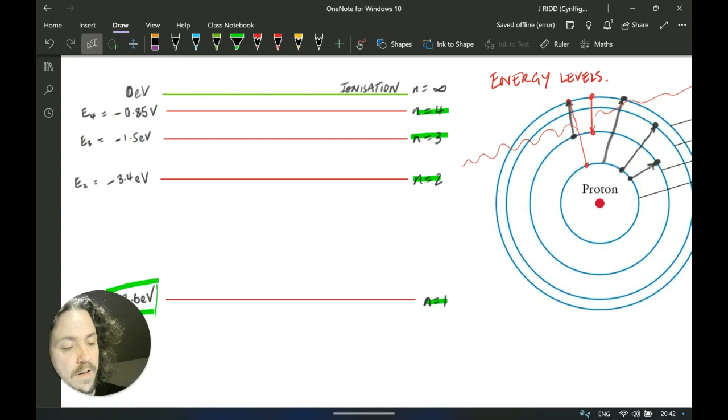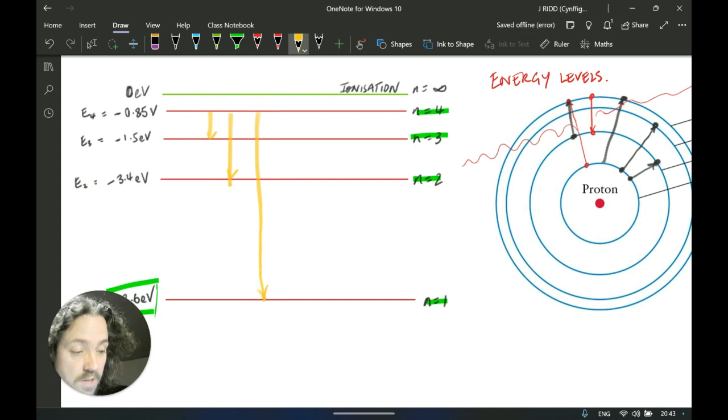So you can have electrons going from, oh, sorry, not that one. Forget that one, because we've already got an ion by that point. Here, we can have it go here, or we could have it go here. Similarly, though, we could have this transition, and we could have this transition, or just simply this transition.